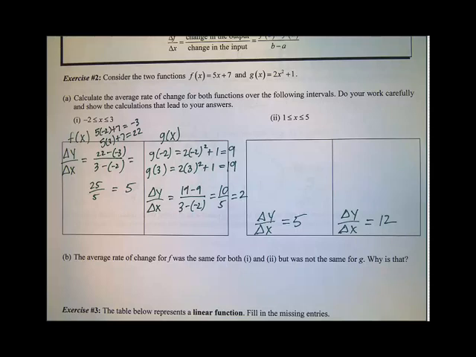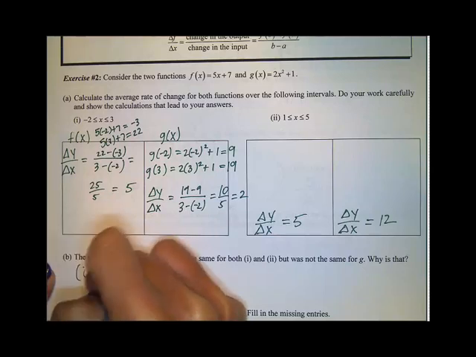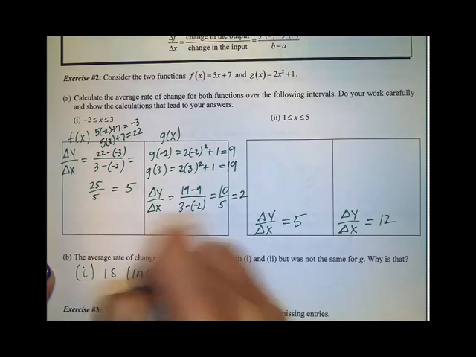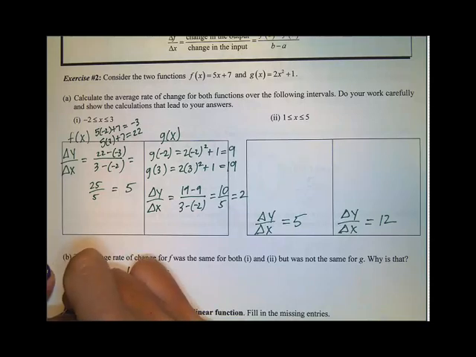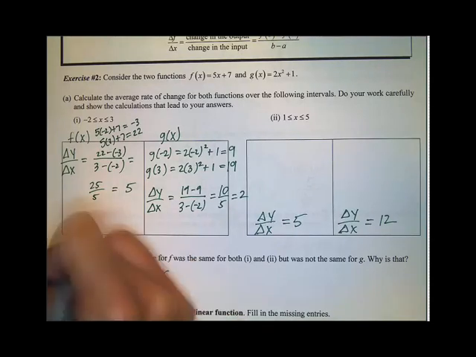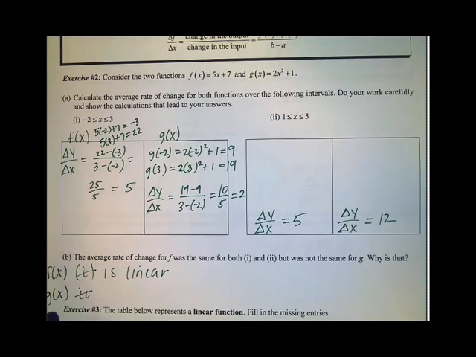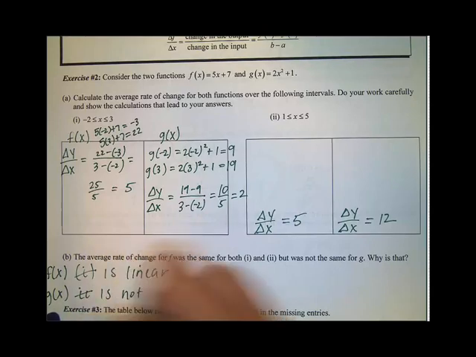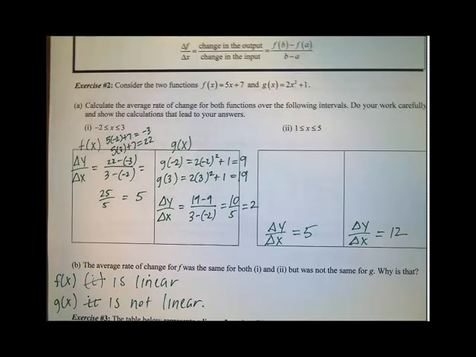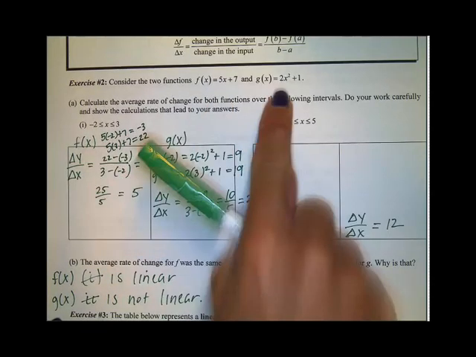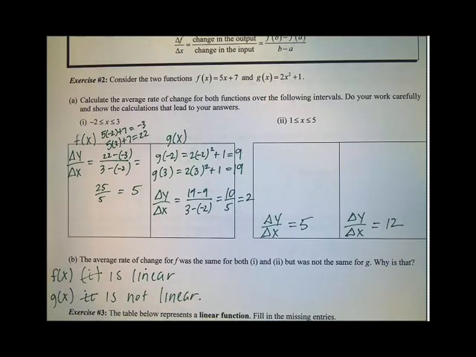If you think about the segments of the graph and the slopes, because that's what we found being the same, we know that f of x is linear, and g of x is not linear, which we already knew because they gave us the equations, but we proved that by finding the slopes of two segments or two different domains.